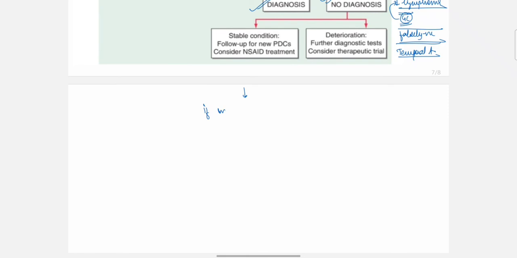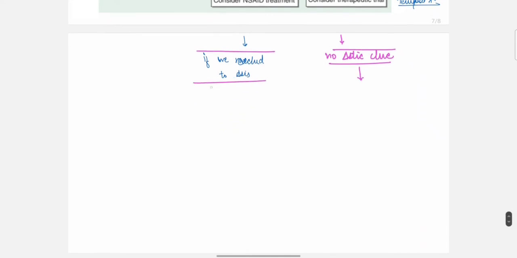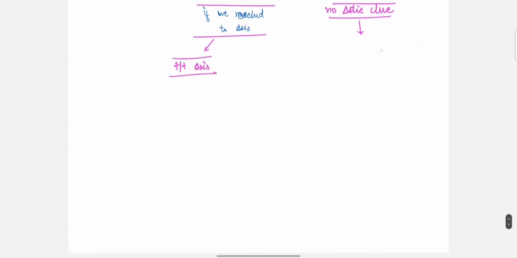If we reach a diagnosis, then treat the diagnosis. If no diagnostic clue is there, now what is the step? If there is no diagnostic clue and the patient is stable, we have to consider NSAIDs.